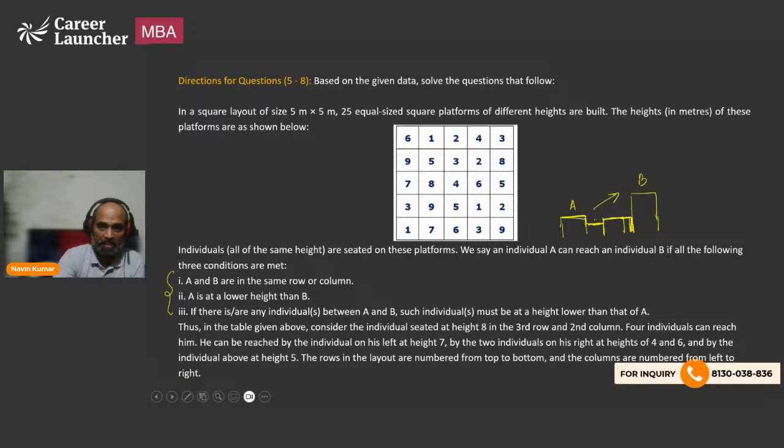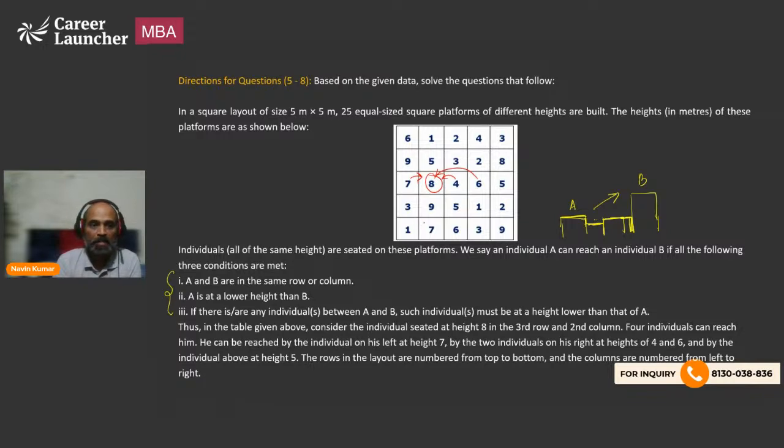Thus, in the table given above, we are given an example. Consider the individual seated at a height 8 in third row and second column. So third row and second column, we are talking about this 8. 4 individuals can reach him. He can be reached by an individual on his left from 7, by the individuals on his right of heights 4 as well as 6, right?